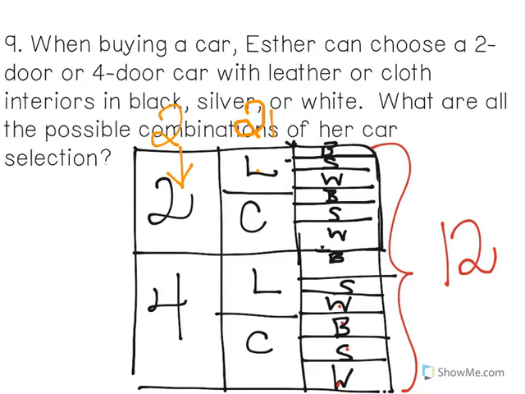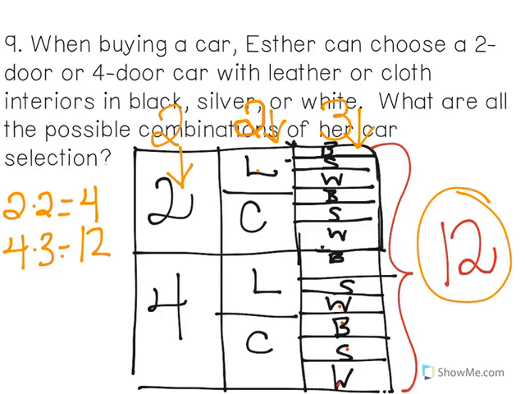And then, by the 3rd row, I had 3 choices. So 2 times 2 equals 4. 4 times 3 equals 12. And I had 12 at the end. So that is another method of finding your combinations.